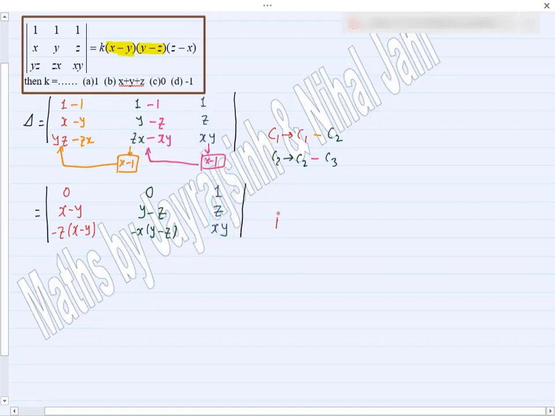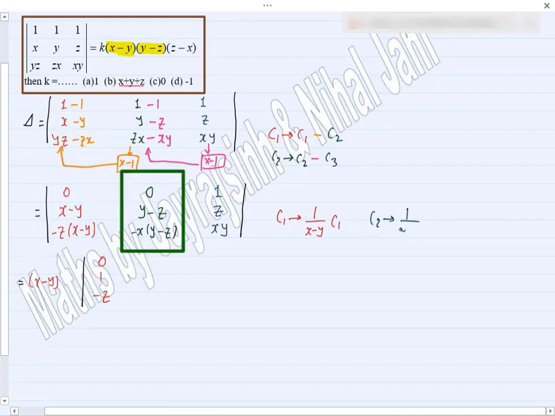Now we are ready to divide the first column by x minus y. So we have to multiply x minus y with the determinant. Our first column will become 0, 1 and minus z. The same thing we can do with the second column.